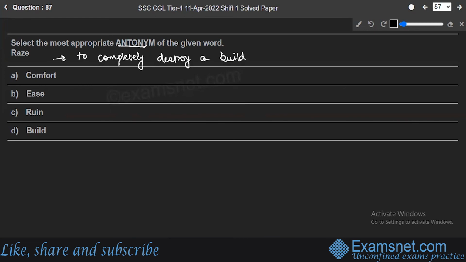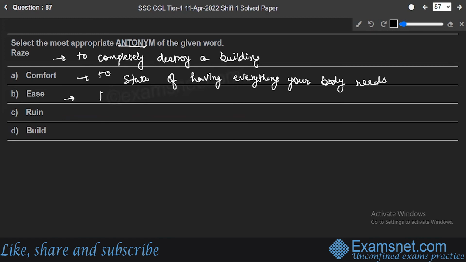Comfort means the state of having everything your body needs. Then you are said to be in a comfortable position. Ease, lack of difficulty.